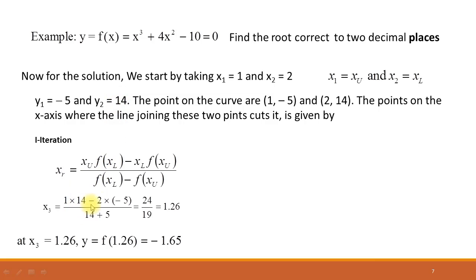So 1 multiplied by 14 minus the xl value, 2, multiplied by the function value at xu, which is minus 5, divided by f of xl, which is 14, minus the function value at xu, which is minus 5, so minus minus plus 5.